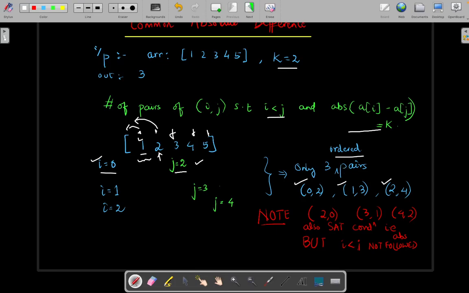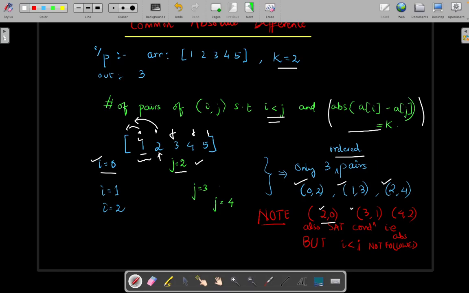Note the word ordered is important here, because 2, 0 also satisfies this absolute difference condition, right? The index pair 2, 0, that is 3, 1, also satisfies this, but it does not satisfy the criterion of i < j. 2, 0 does not satisfy the 2 < 0 criterion.